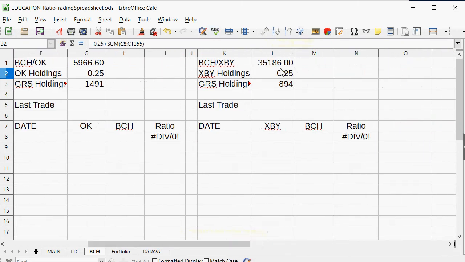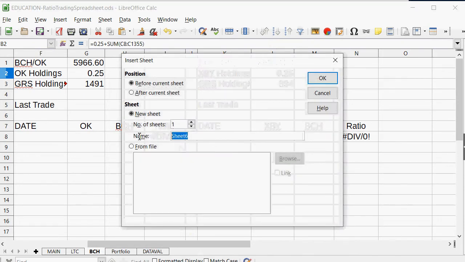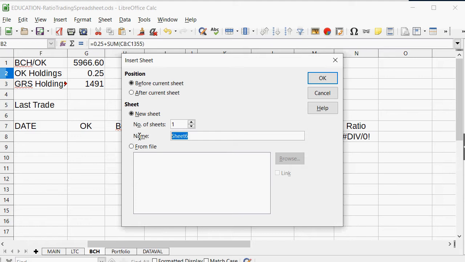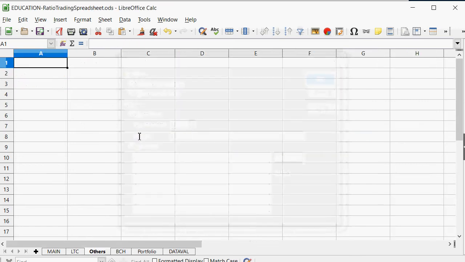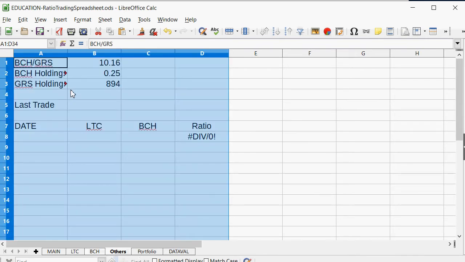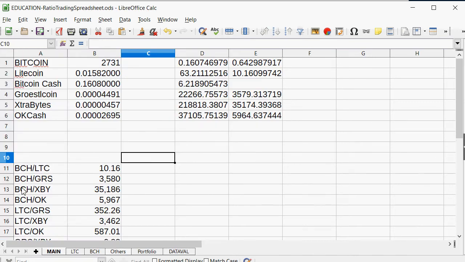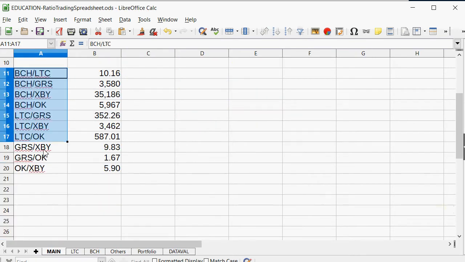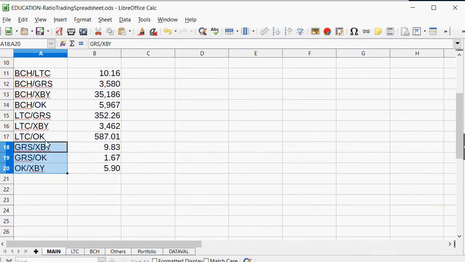And we'll add a new tab. We'll call this the remainder, or the others. So we've already done all the Bitcoin Cash and the Litecoin crossings. So we just got GRS XBY, GRS OK, and OK XBY.